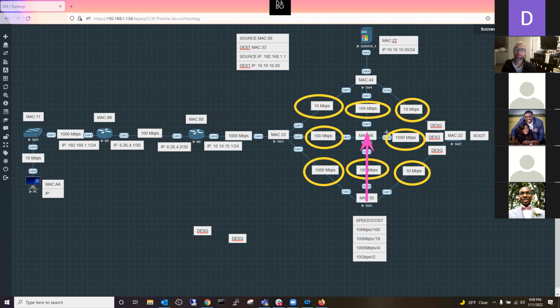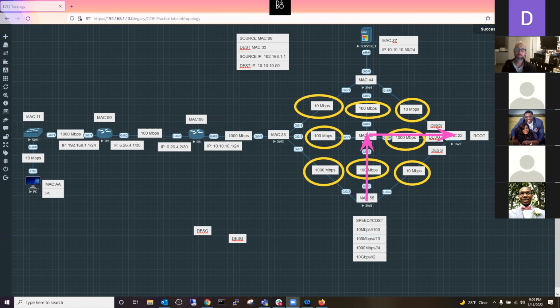Gig 00. Okay, and what link speed do we got associated with that one? It's a cost of 4. Okay. So here's the thing. We have to take a look at the total cost of our egress. You already told me we got 19 from switch 5 going to switch 6, correct?